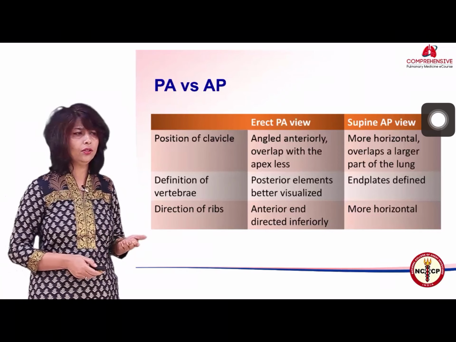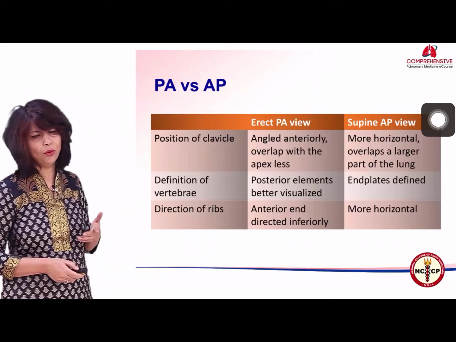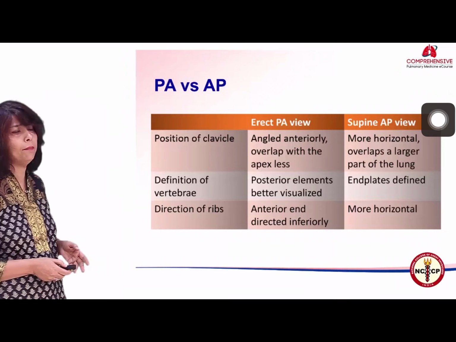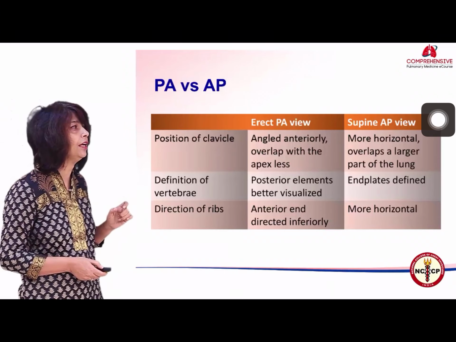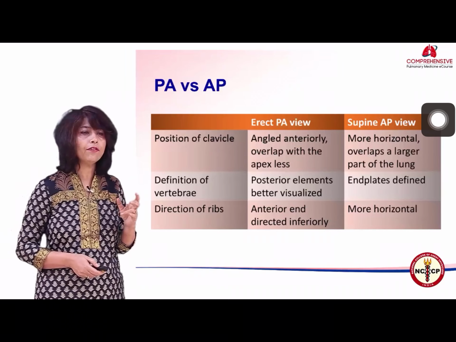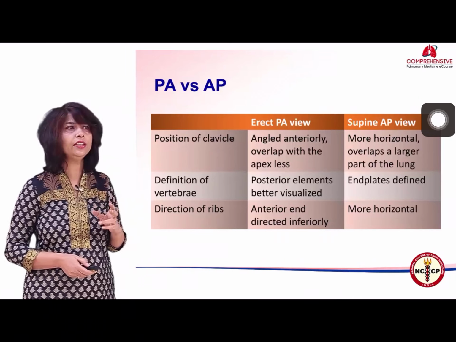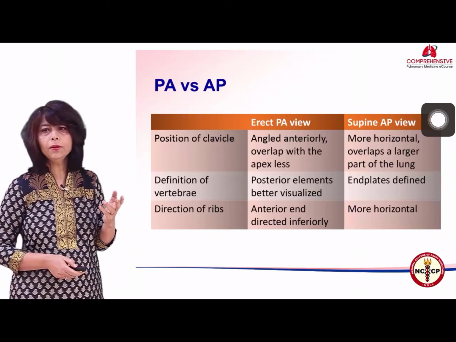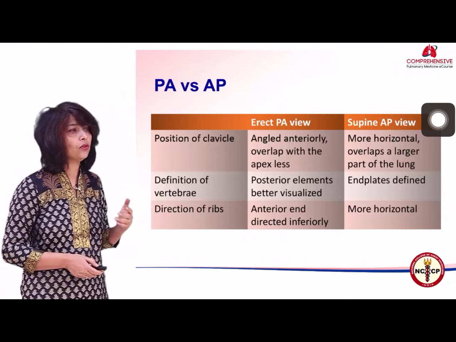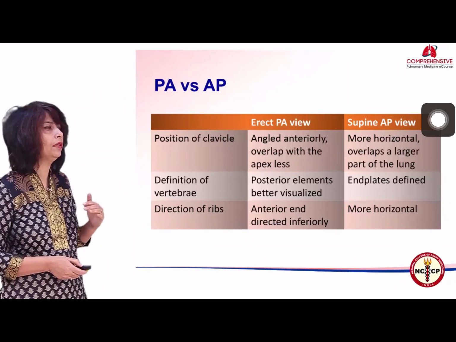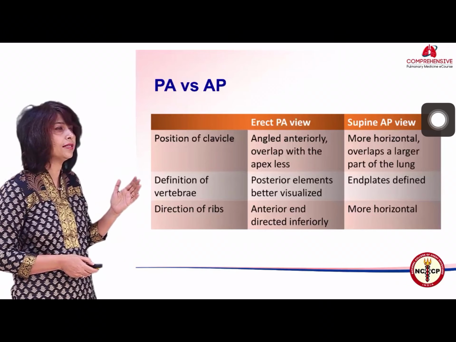Several times, why is it important actually, besides an exam point of view, to say whether it's a PA or an AP radiograph? For instance, if you don't see the stomach bubble, it's possible that it was done supine, so the air in the stomach bubble is not cranial enough to be seen.